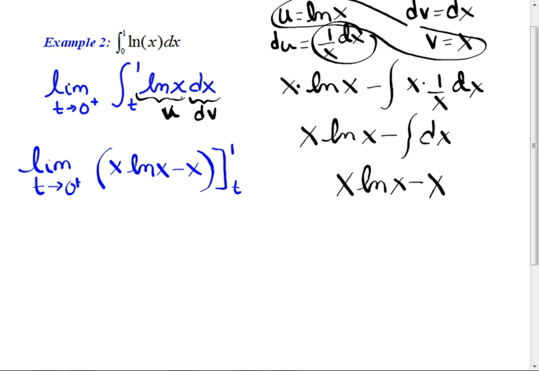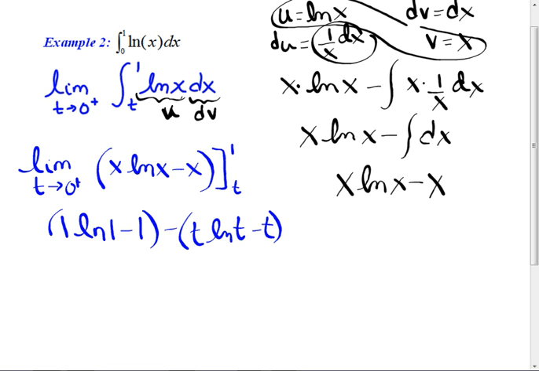Okay, let's go ahead and put 1 in. It's 1 log of 1 minus 1. Then you guys, put in the t: t log of t minus t, and we're going to let t approach 0.